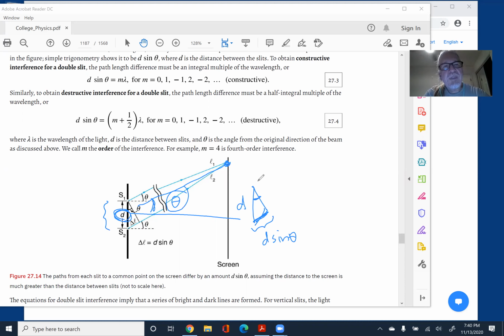And now if that extra distance traveled by one of the two waves is an integer number of wavelengths, the two waves are going to arrive with their maxima coinciding. It's not going to be the same maximum. Say the one that had the shortest path, maybe that's one maximum coming from the wave that was incoming from the left.